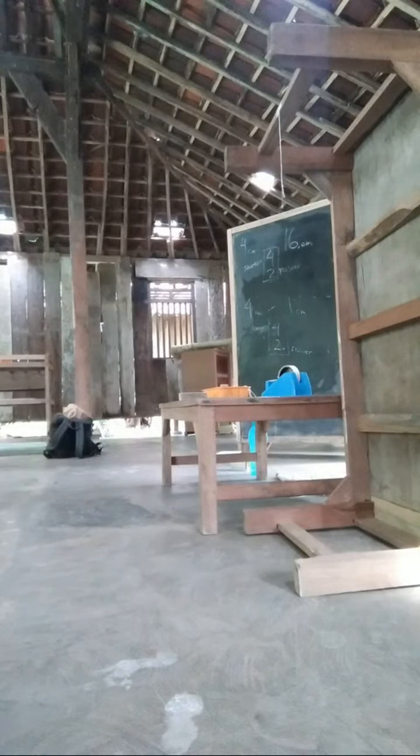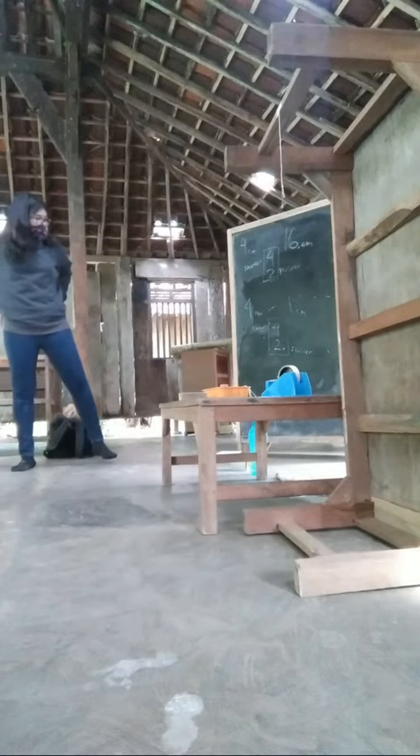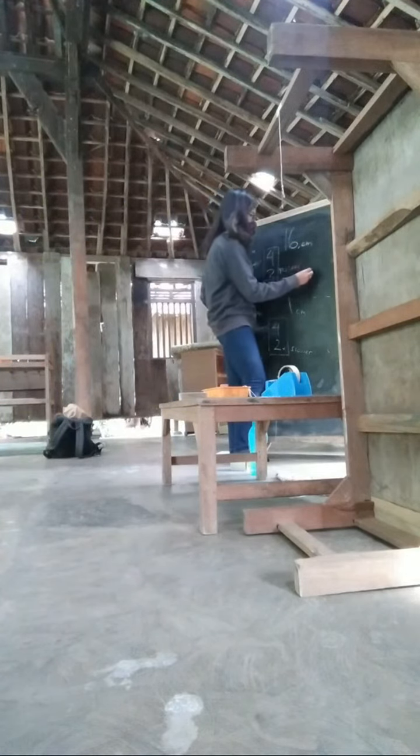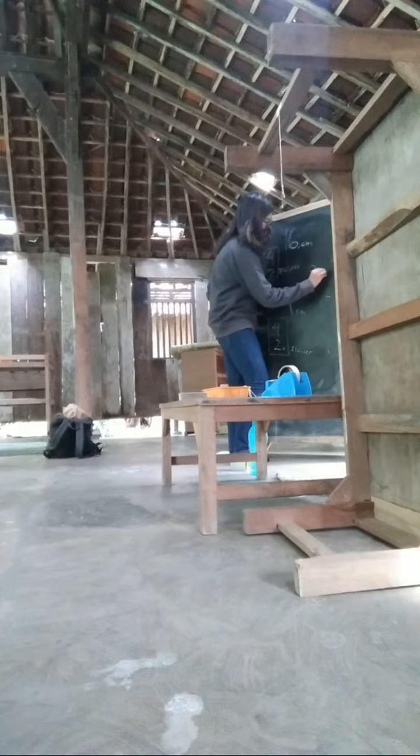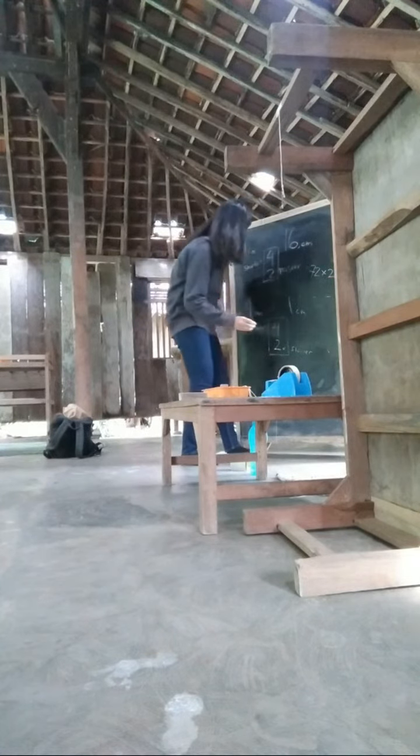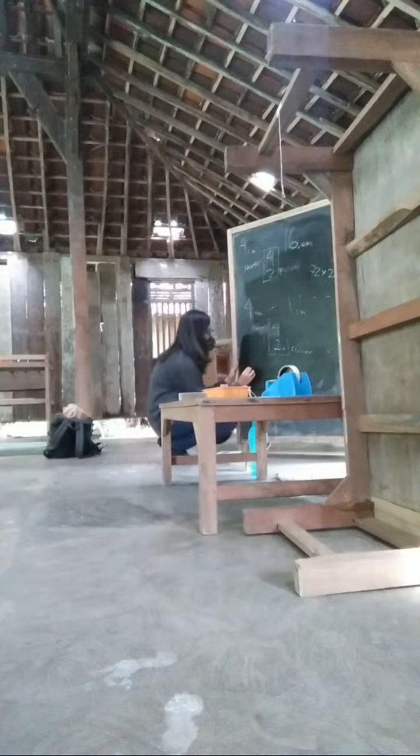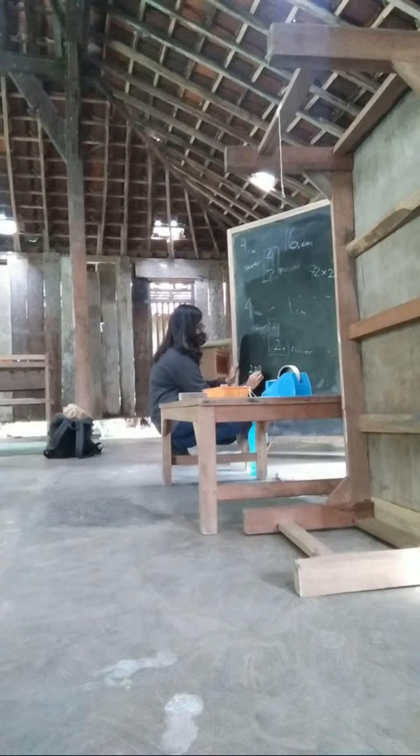288 divided by 2, and you have faster or slower. You multiply it. Is it 108? Wait.